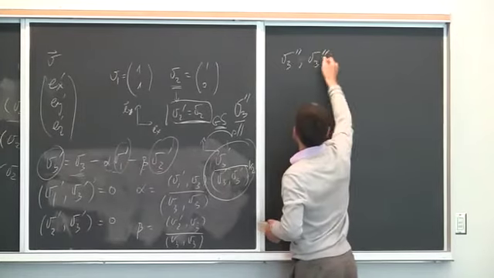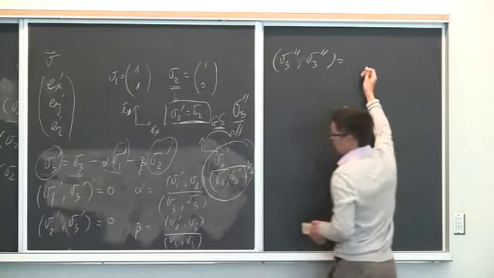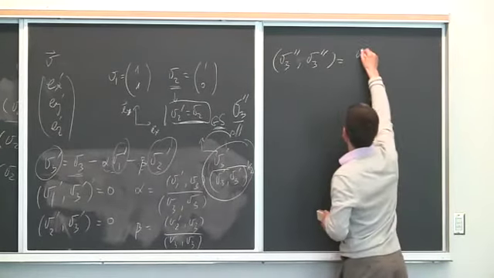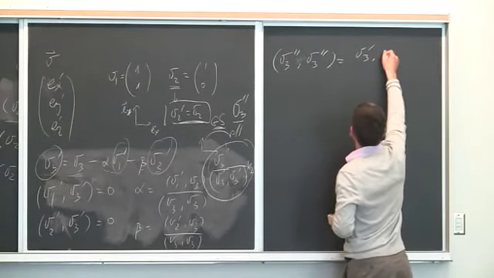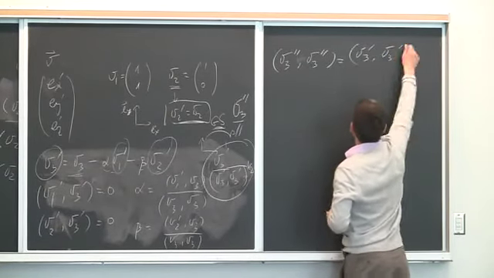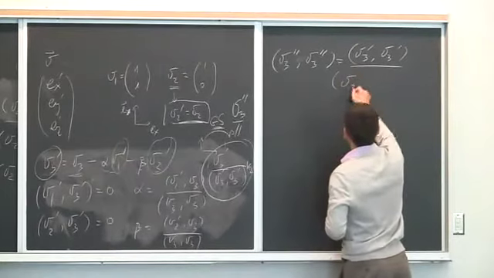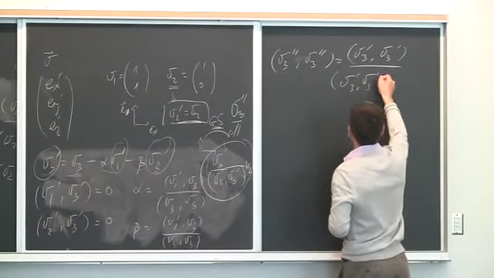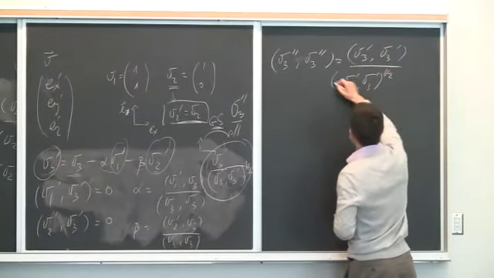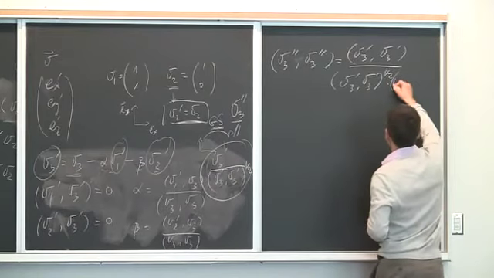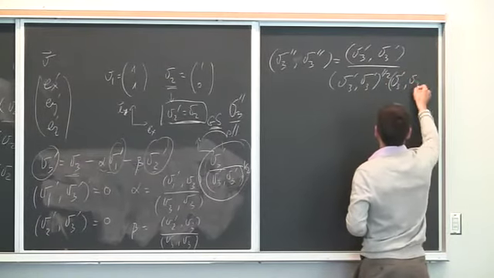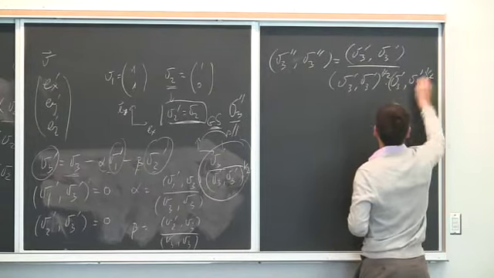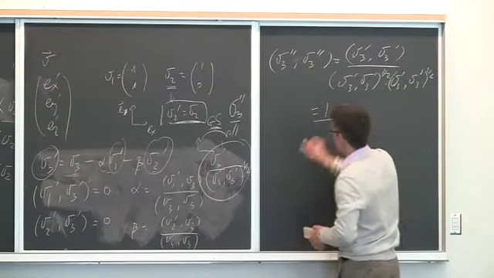If you take the scalar product of V3 double prime with itself, you just put in its definition, V3 prime divided by the square root of V3 prime V3 prime, and another square root of the same. So then this is 1.